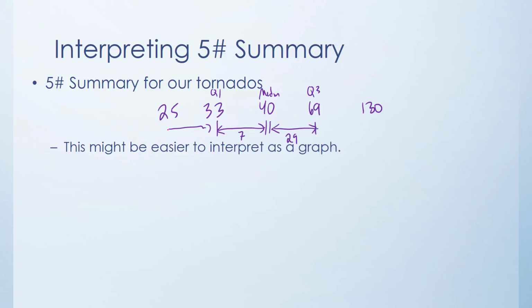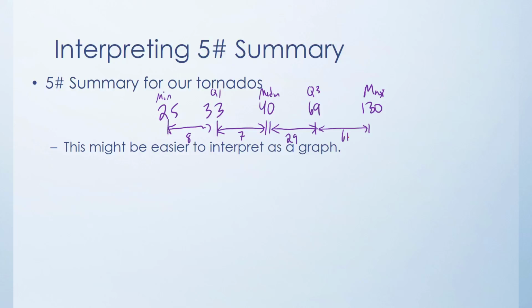Similarly, our bottom 25% of the data goes from 25 to 33, so that's only 8. Whereas at the top half of the data, the top fourth of the data, sorry, we're looking at a distance of 61.